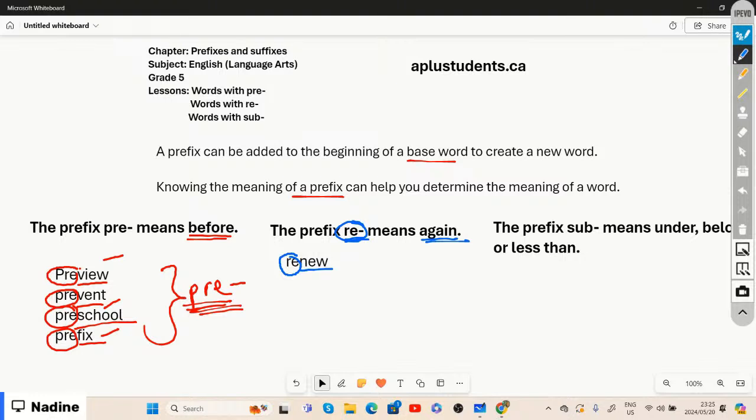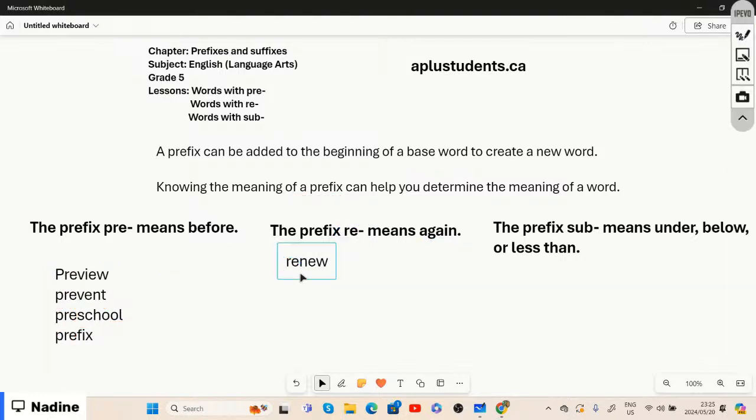Then we have another word. Let's say, for example, reheat. And the word reheat, remember to heat something, it's like you're warming it up.